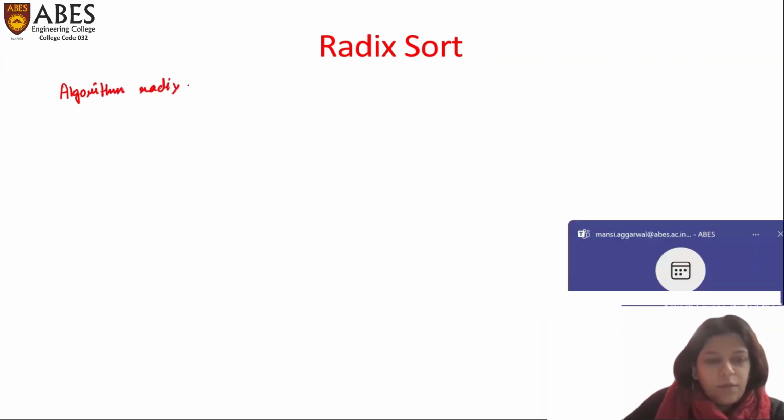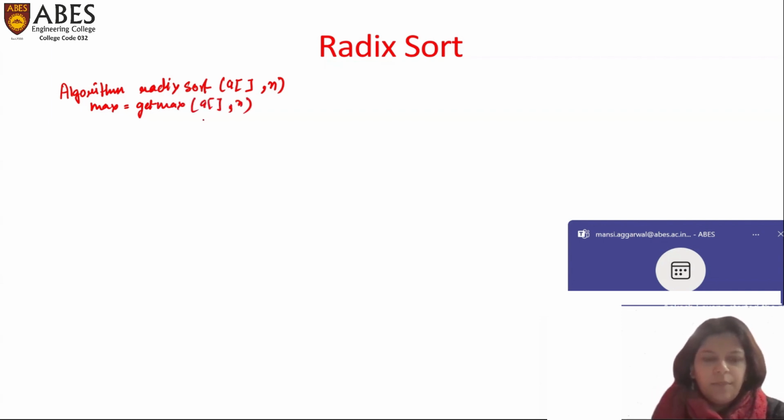So this Radix sort algorithm is going to have 2 parameters, that is array and the number of elements. Now suppose max is a variable which is storing the maximum number stored among the array. So we can simply call this get max function.